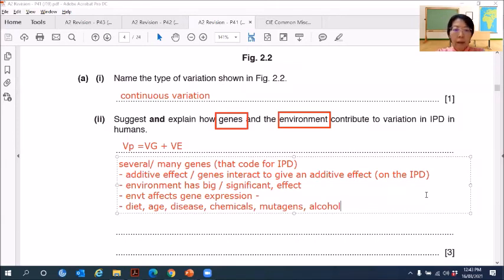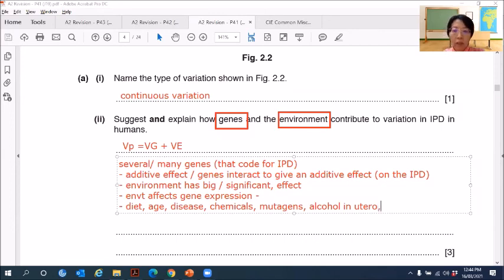Now all these things, the diet, the age, disease, have to do with the mother, because the development occurs in the embryo, in the fetus. So how can it affect the IPD of this embryo or fetus when it's growing? It has to do with everything about the mother: the diet of the mother, age, disease, chemicals, mutagens, alcohol, in the utero, that means when the fetus is growing.